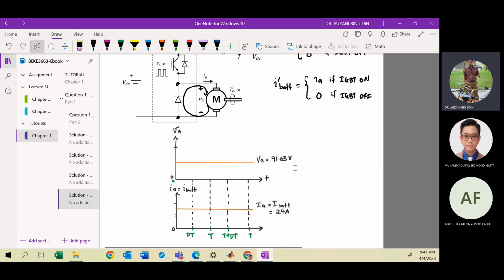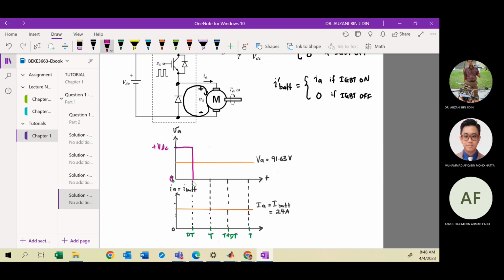I want to sketch the waveform. Your VA varies between positive VDC and 0. When the switch is on, VA is VDC, but when the switch is off, it will be 0.